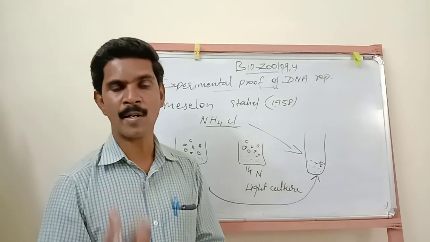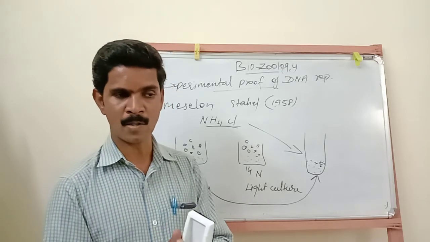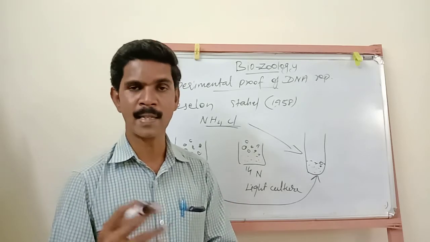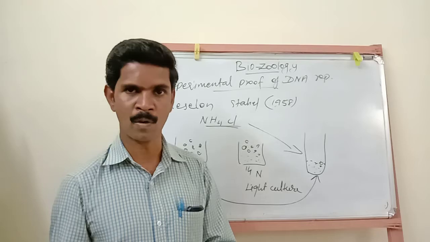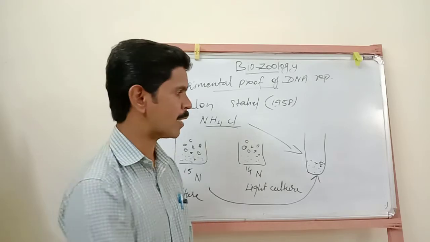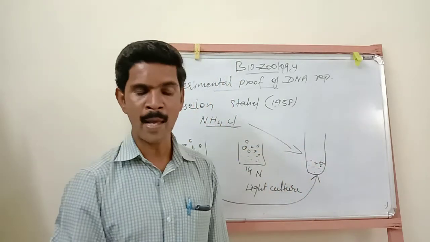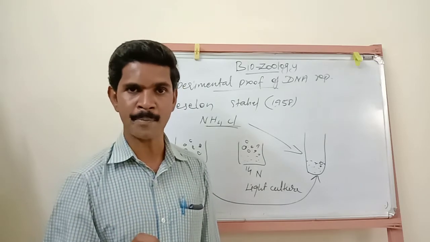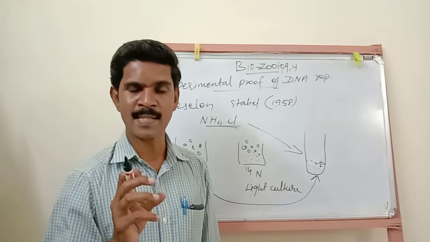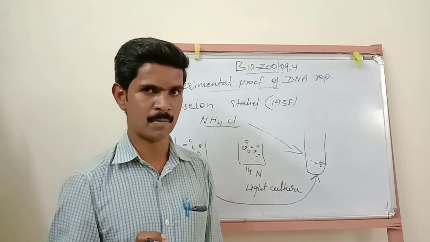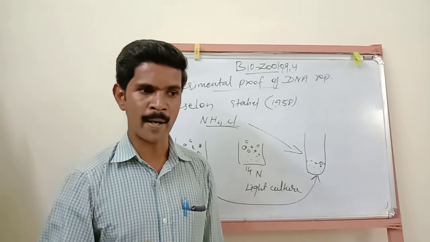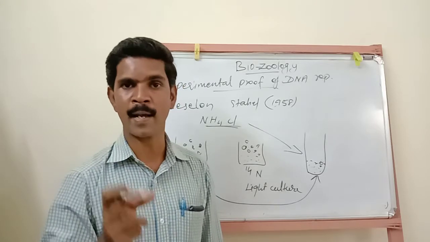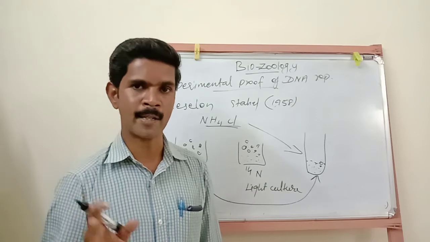After the first 20 minutes the first replication process is over, then in the next 20 minutes the second replication process is also over. So after 40 minutes they took some sample from this culture medium and subjected it to the same density gradient centrifugation technique. They observed the DNA molecules settled in two bands: one in light position and another in intermediate position.